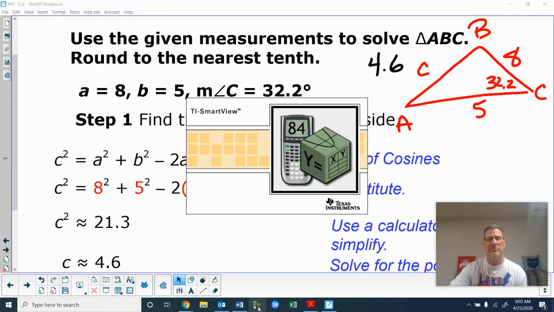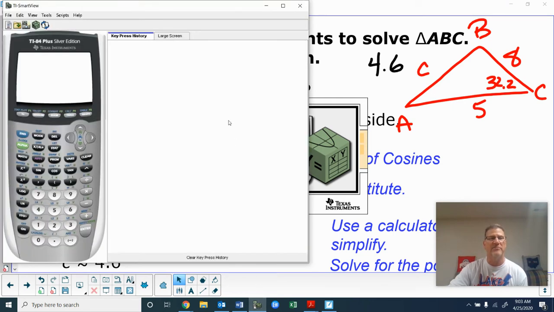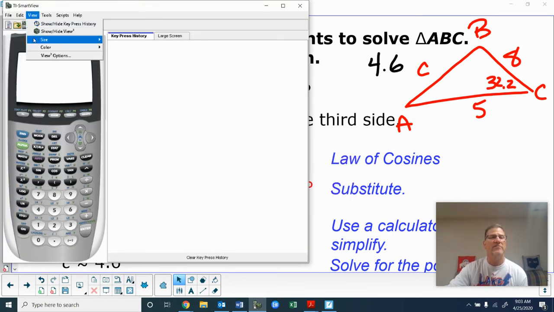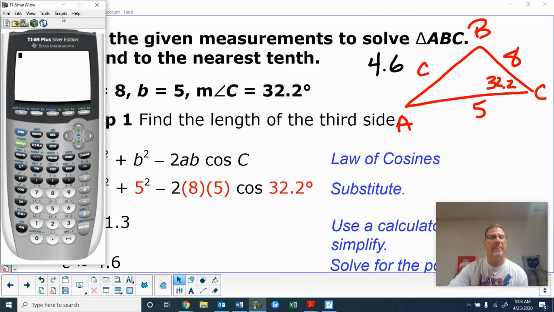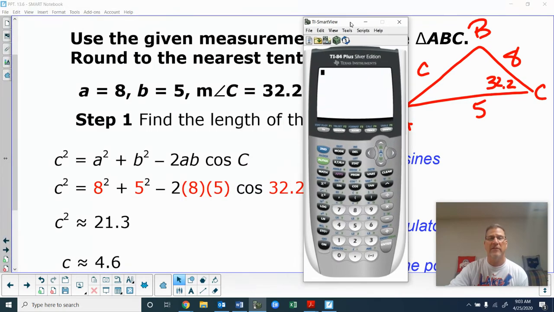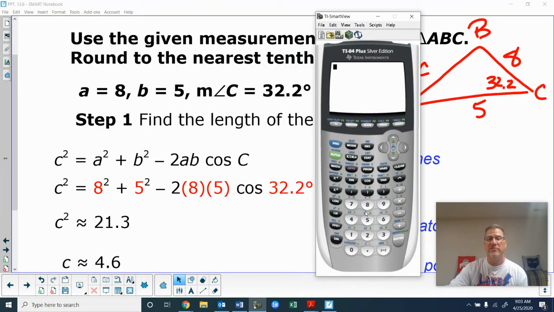Watch, I'll get my calculator out and substitute those numbers in just so you can see. You just go 8 squared plus 5 squared minus 2 times 8 times 5 cosine.